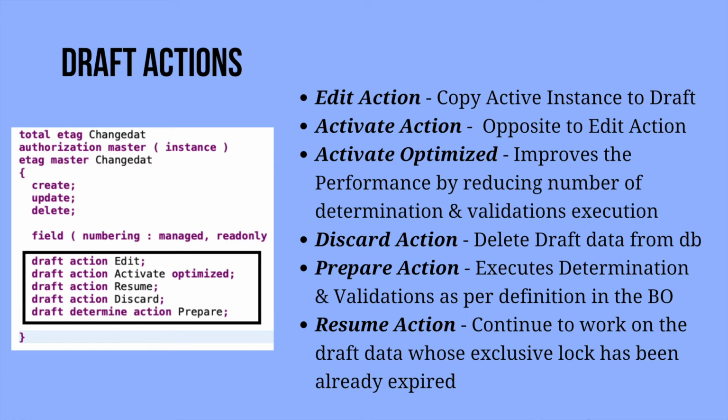If the number of executions increases, then of course the runtime of the application will increase. So that's why it's recommended to use activate optimized, so that, based on certain guidelines, these determinations and validations will not get executed repeatedly.